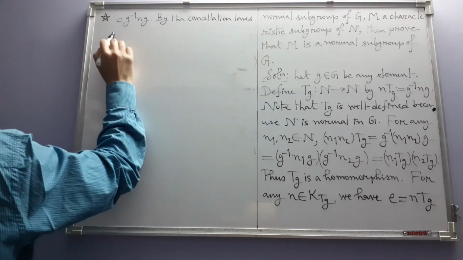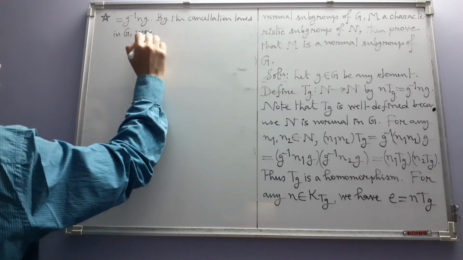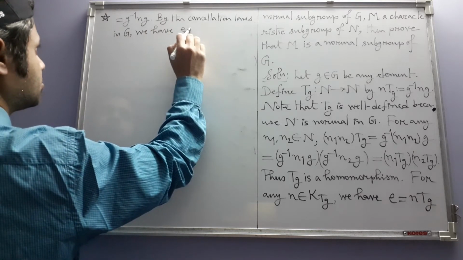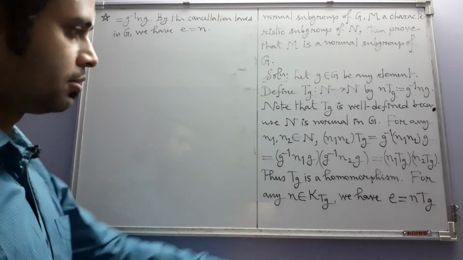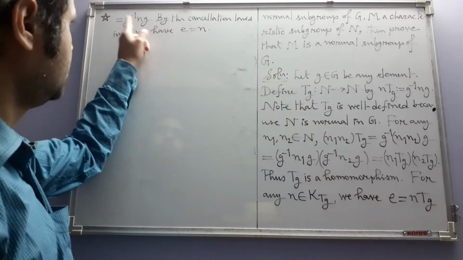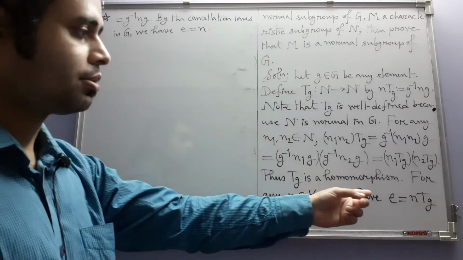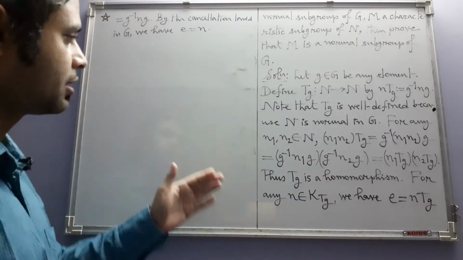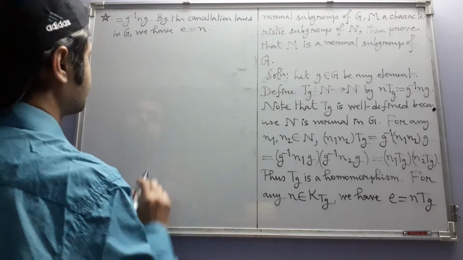By the cancellation laws in G, we have e equal to n, because e is equal to g inverse n g. So e can also be written as g inverse e g. So you can cancel g inverse and g from both sides using the cancellation laws.